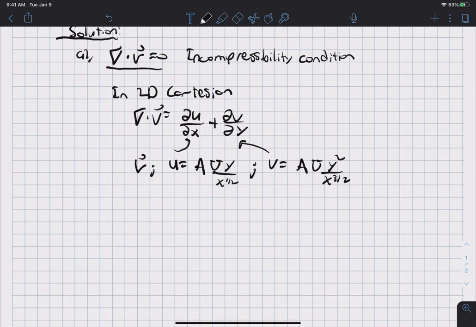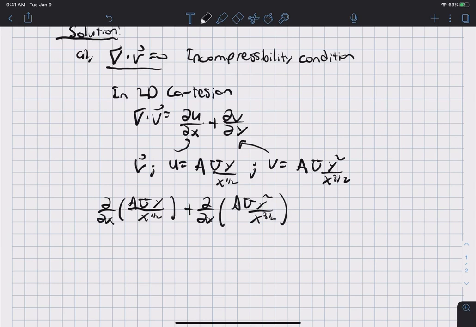So doing that, we have partial x of u, which is a times cap U y over x to the 1/2 power, plus partial y of a U y squared over x to the 3/2 power. And we expand that out and we do these derivatives. These are pretty straightforward derivatives.